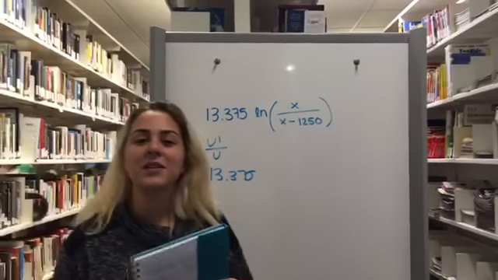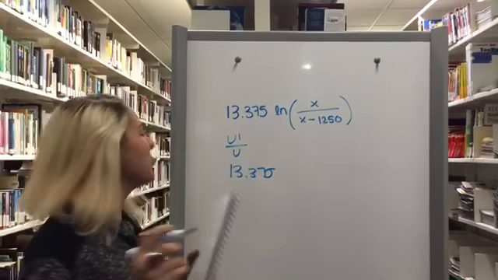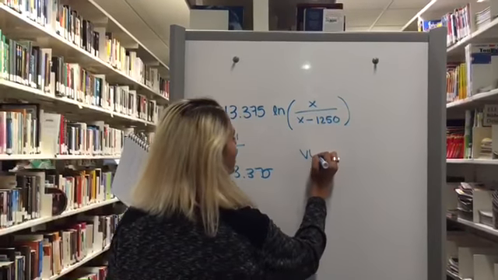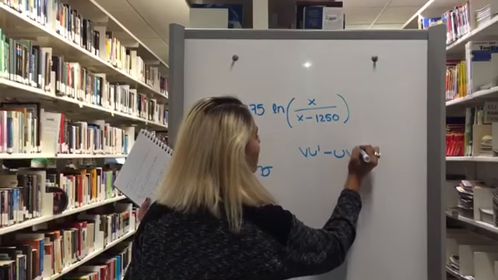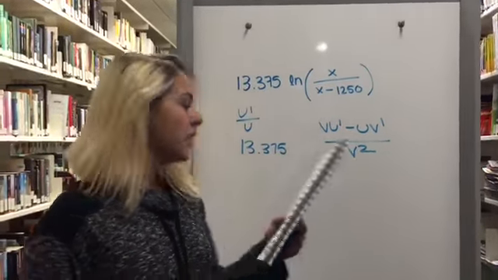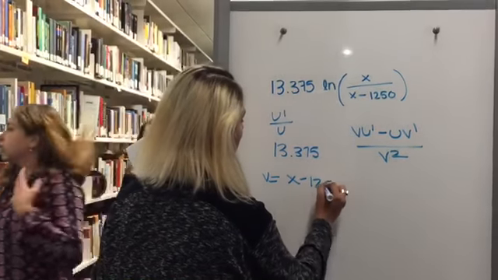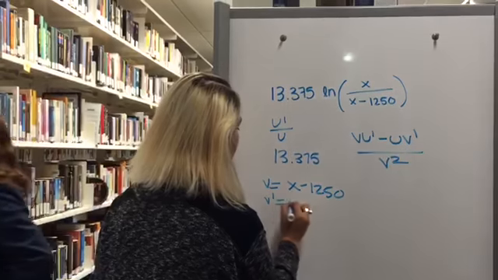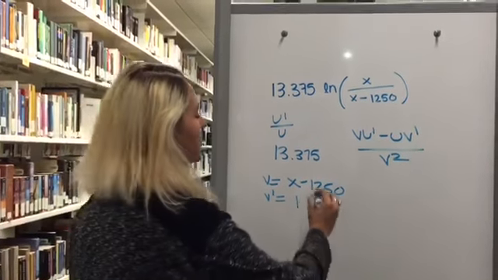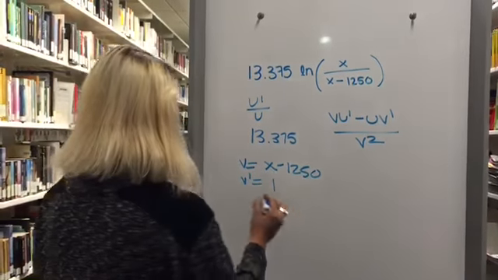Your second step is to apply your quotient formula, which is v times u prime minus u times v prime over v squared. So we need to find our v's and our u's. So our v is equal to x minus 1,250, our v prime is 1, because you cancel this and the derivative of the x alone is 1.